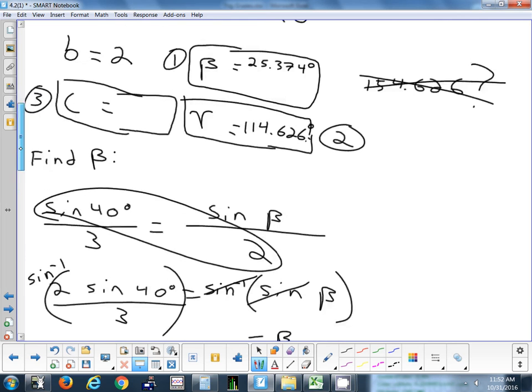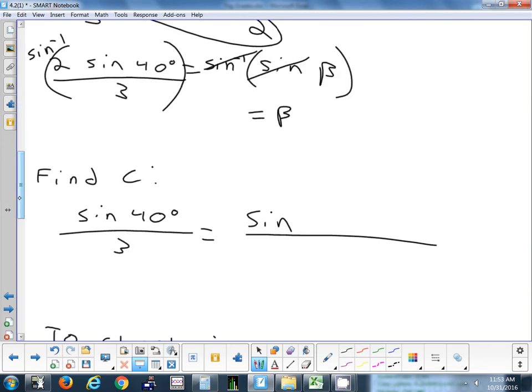And what's going to go on the other side? 114.626. Yep, sine 114.626 over C. Now, even though you're using a number you rounded here, you rounded it to 3 decimal places, so that should be accurate enough.